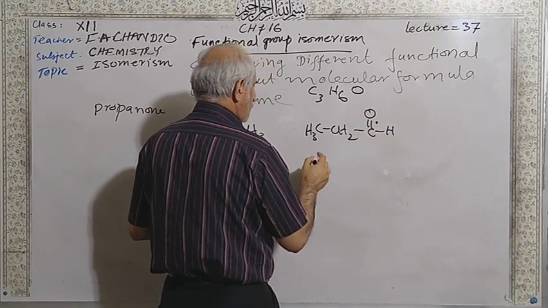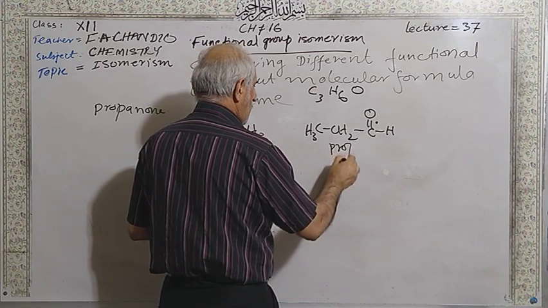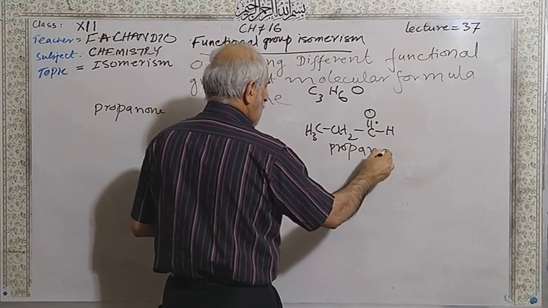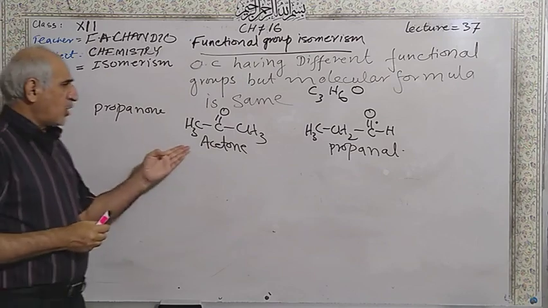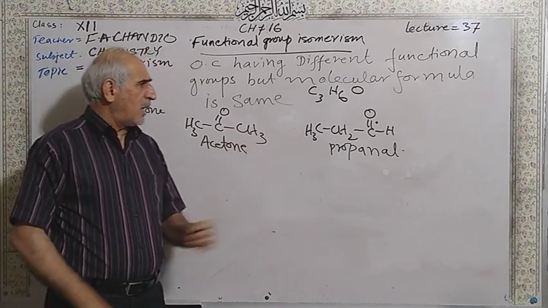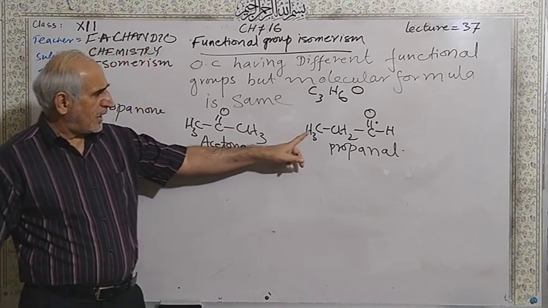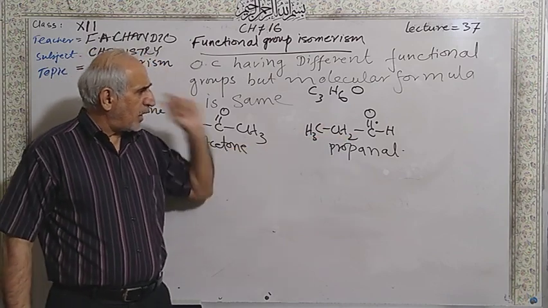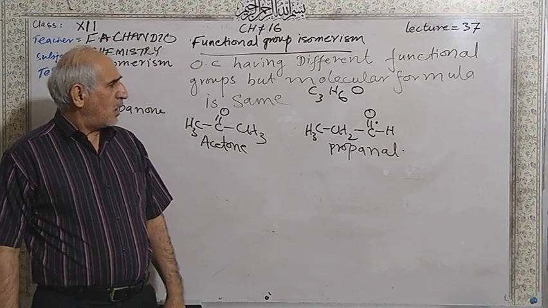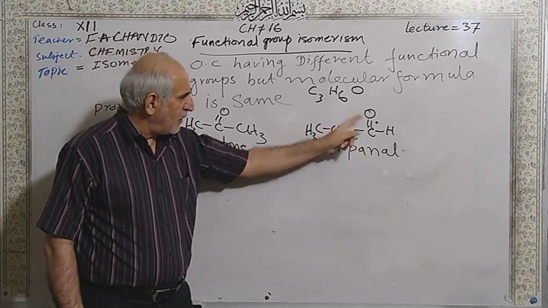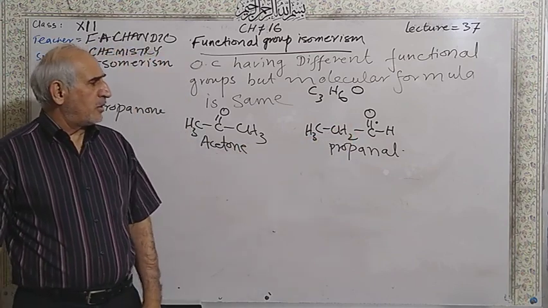This is the propanal, the aldehyde. This is the ketone group and this is the aldehyde group. You are seeing 1, 2, 3 carbon atoms, 6 hydrogen atoms, and there is one oxygen.